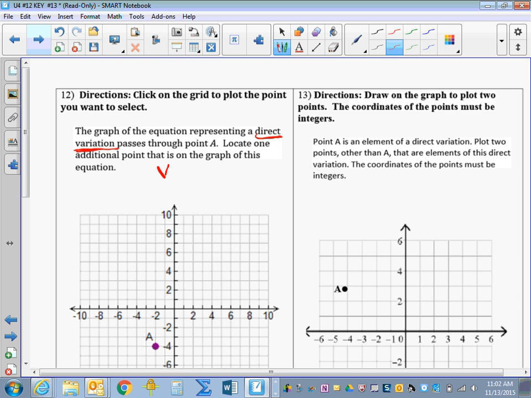Y equals k times x. For all of my direct variations, what is my y-intercept? 0. So we plot our y-intercept at 0 and we're done. All they asked us to do was locate one point that's on the graph. Since it's a direct variation, your y-intercept has to be on the graph. We're done. That's it.